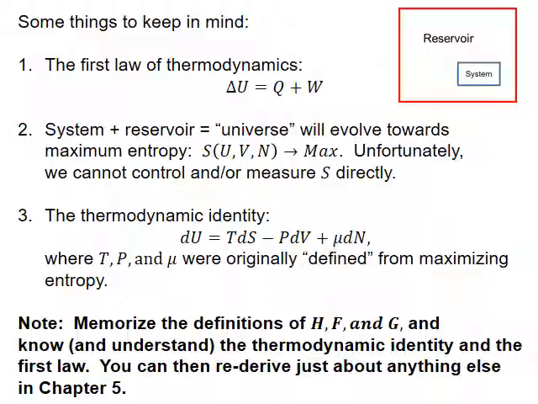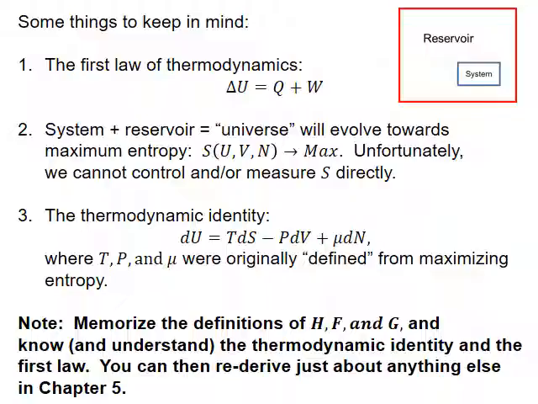So the first thing is, first law of thermodynamics, always true. Delta U is heating plus work, right? The second principle, which was a big point in chapter 3 of Schroeder, is we can think of equilibrium as a state of maximum entropy. So things will tend to evolve towards maximum entropy. This is a statement of the second law.